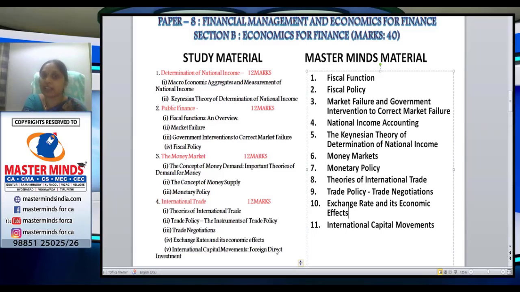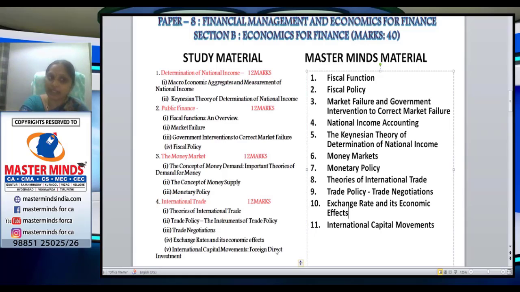Let's go with the study material. In the study material, we have public finance, and in public finance we have 4 units. The first is fiscal functions, which in our Masterminds material is termed fiscal functions as it is.